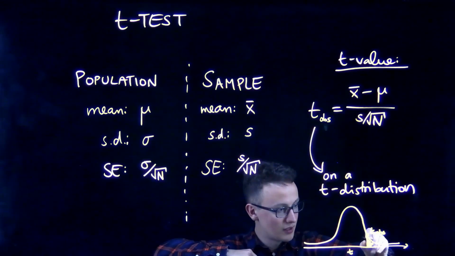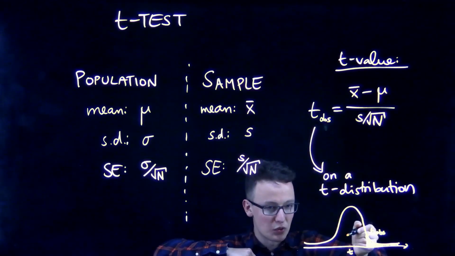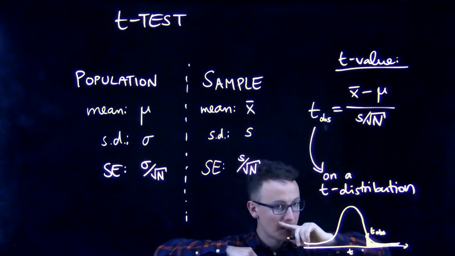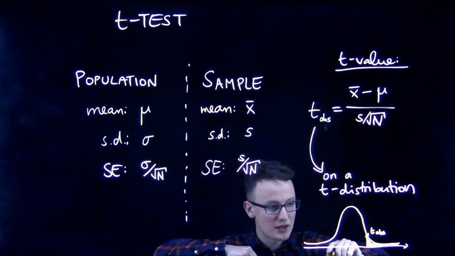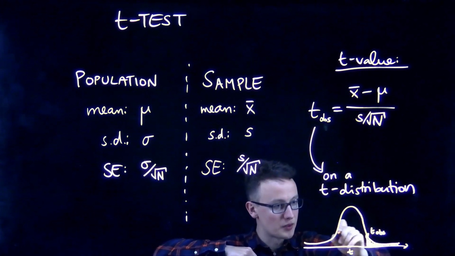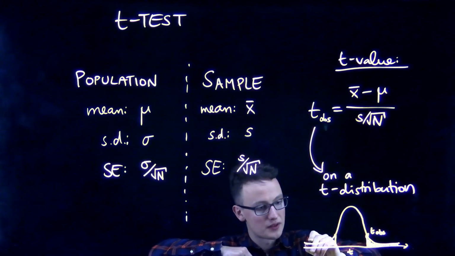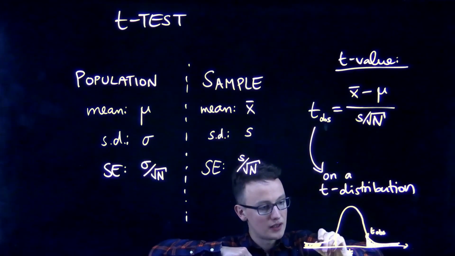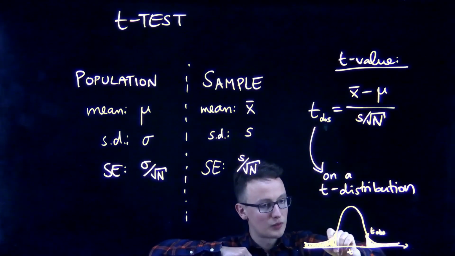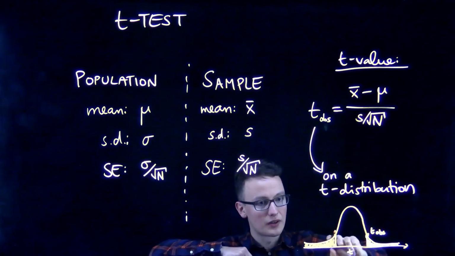So I'm going to color this, fill it out. And because typically we do a two-sided test, and because we're testing two-sided hypotheses, we also will do the same thing on the other side, symmetrically, and we will consider this probability area to the left, which is just like the mirror image of that one.